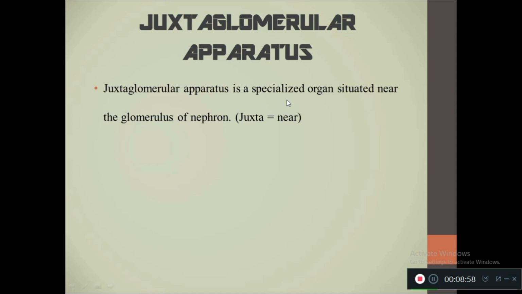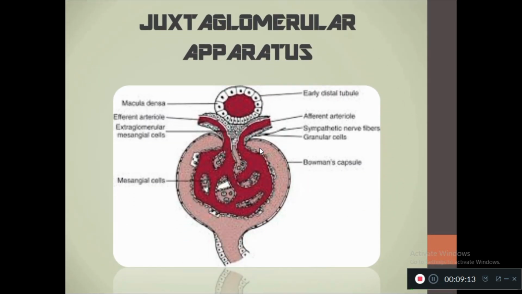Juxtaglomerular apparatus is a specialized organ situated near the glomerulus of the nephron. Juxta means near. So these cells are situated near the glomerulus of the nephron. Imagine the structure of a nephron.